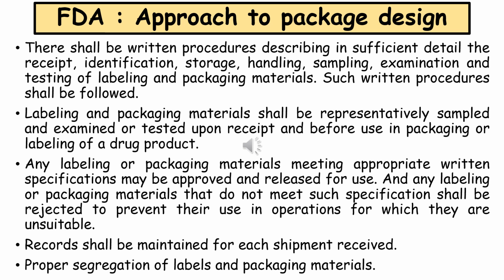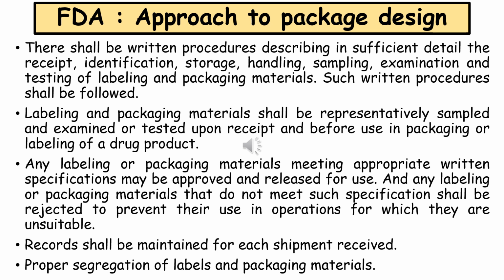Like for example, glass is received as a packaging material, then all the tests related to glass like water attack test, leakage test, chemical resistance test, so all these applicable tests should be checked before it is used for packaging of pharmaceutical formulations. So different packaging materials have different tests. All the quality control tests related to that packaging material should be performed before they are used in packaging operations.